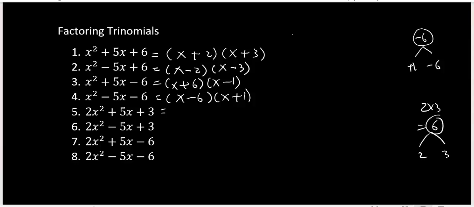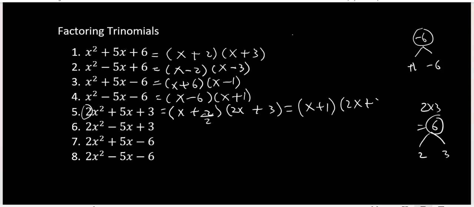I could write my answer immediately here like x plus 2 and then x plus 3. Since I have a leading coefficient which is 2 here, so that one you can adjust like divide here by 2 and multiply here by 2. So then simplified version gives you now x plus 1 and 2x plus 3.